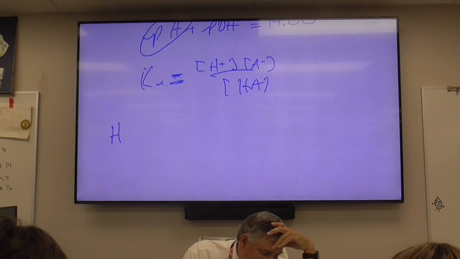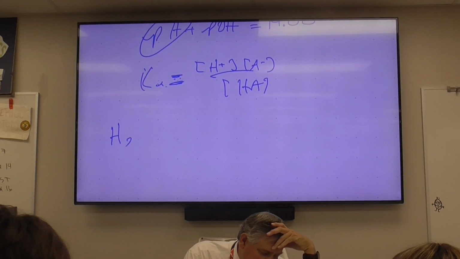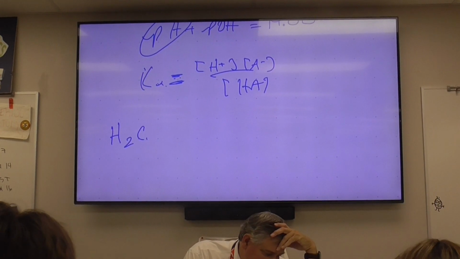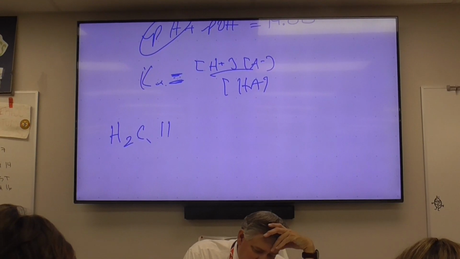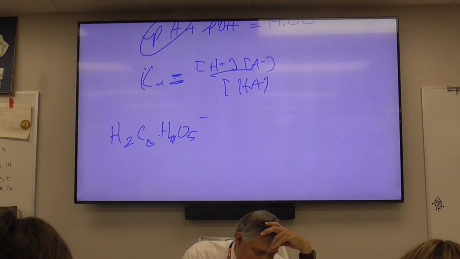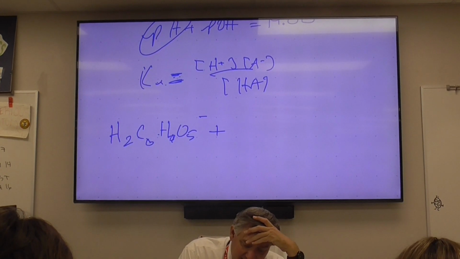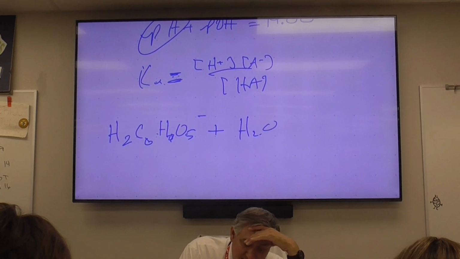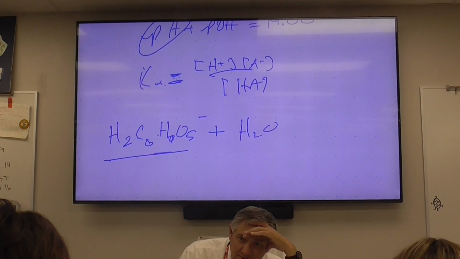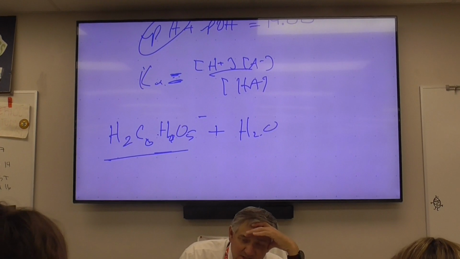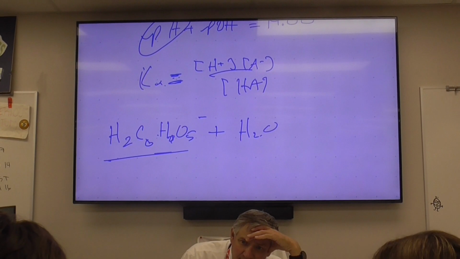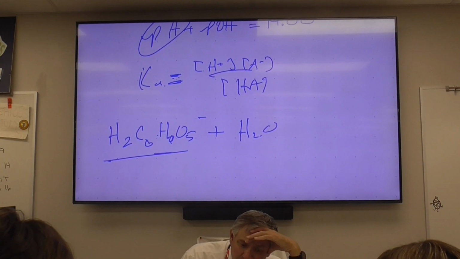So on 20A you have H2, C6, H7, O5, 1 minus. And you're told that that's going to act as a base in water. So what's the only place that it can get a proton? I know that you take it from water, but where do you put it?